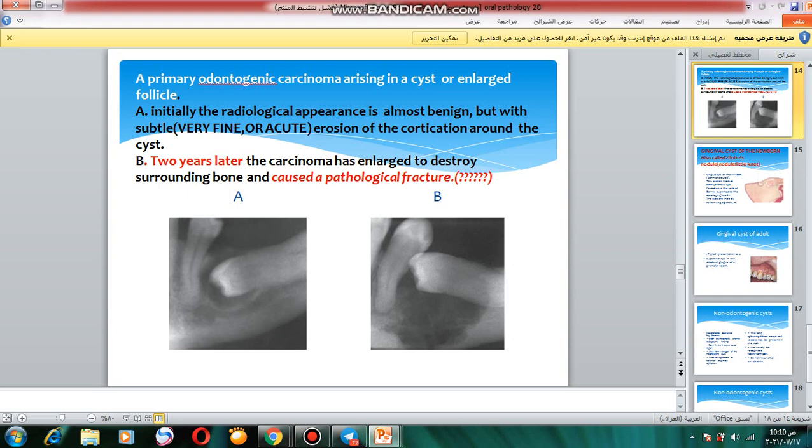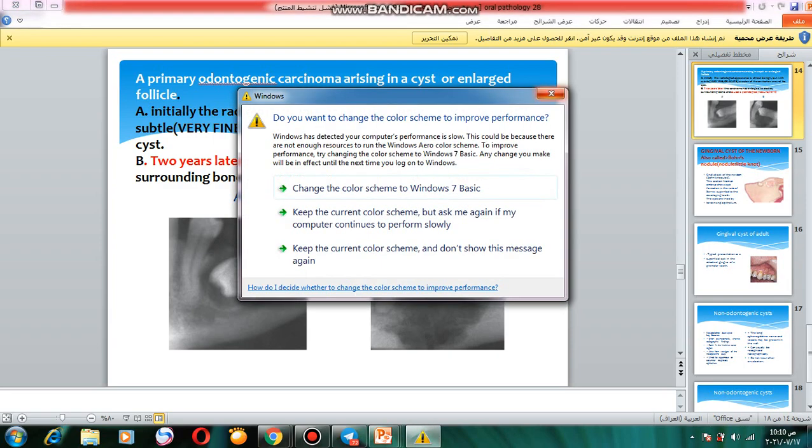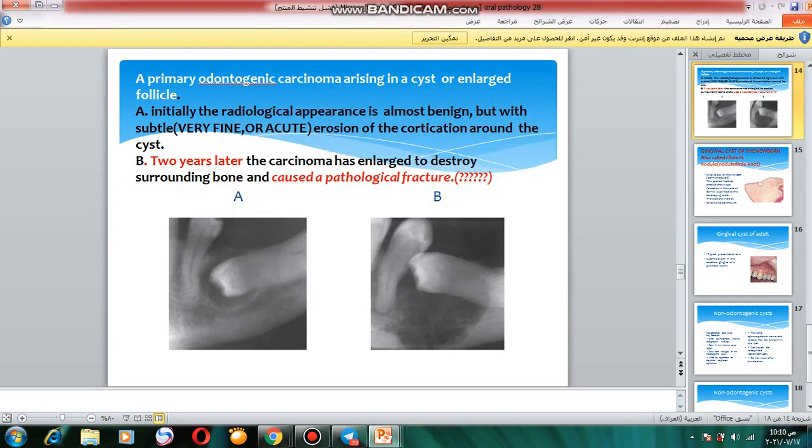We have 2 types of fractures: traumatic fracture and pathological fracture. For a traumatic fracture, for example, a young healthy patient has a car accident or something like that and suffers very strong trauma, which causes a fracture of the mandible. There was a heavy trauma that caused this fracture of the mandible or maxilla.